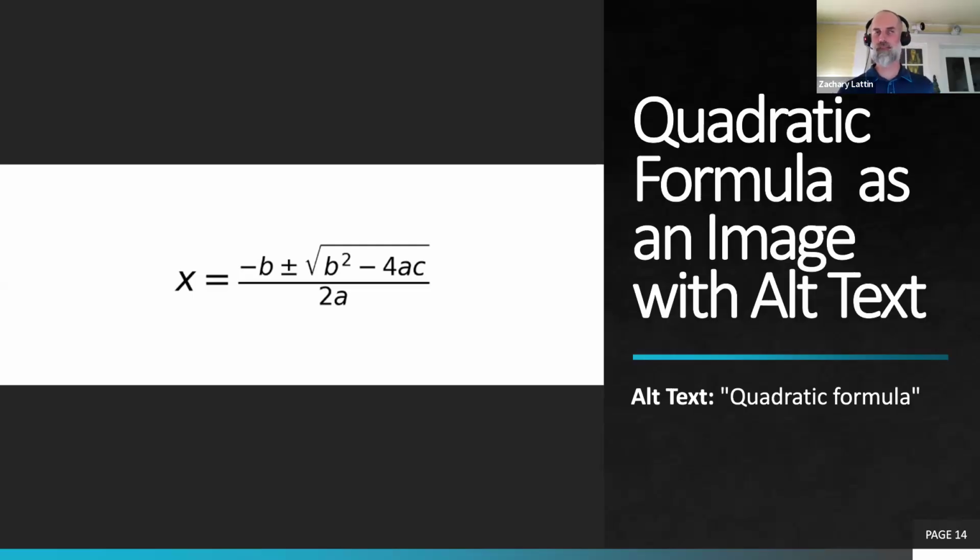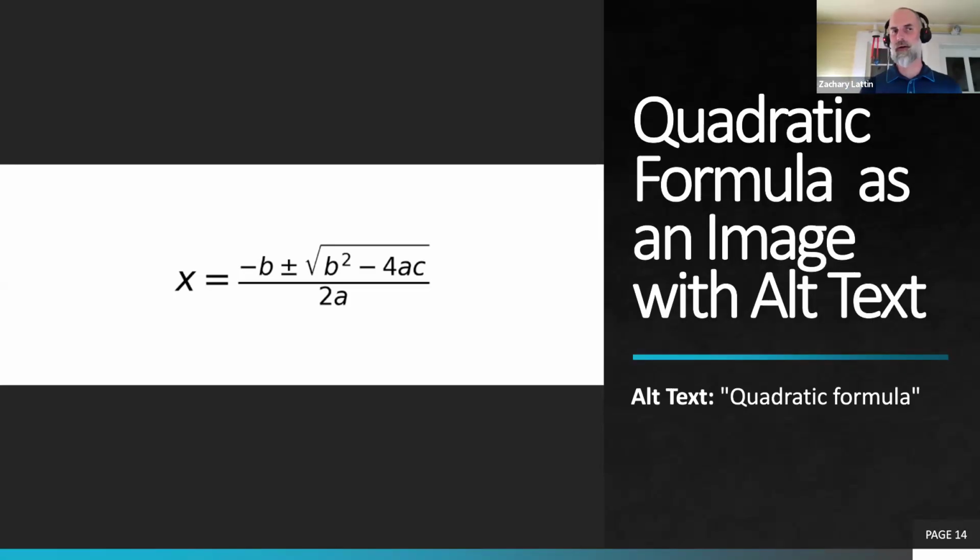We're going to talk about some ways to make LaTeX into more modern accessible stuff in a little bit. But if you have your LaTeX source files for your content, that's a great start to making your content accessible. So anyway, that's a picture of the quadratic formula.